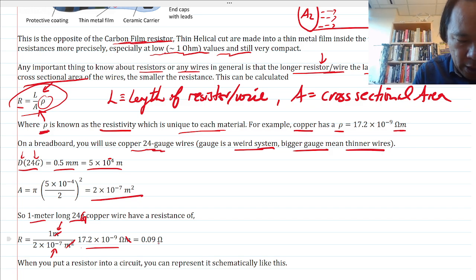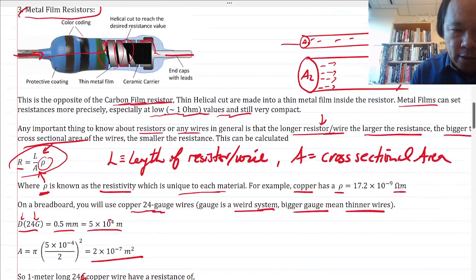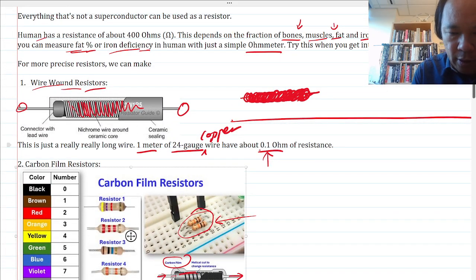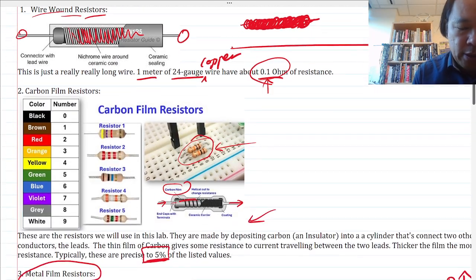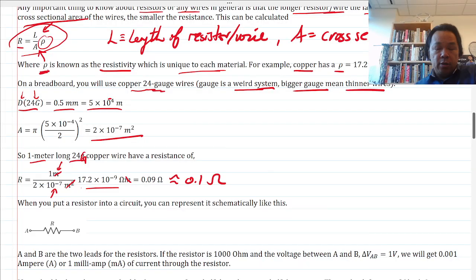If you do this multiplication, you get about 0.09 ohms, or about 0.1 ohm. So that's how I got this number up here, about 0.1 ohm resistance on a 1 meter long wire. So it's very small for a wire still.